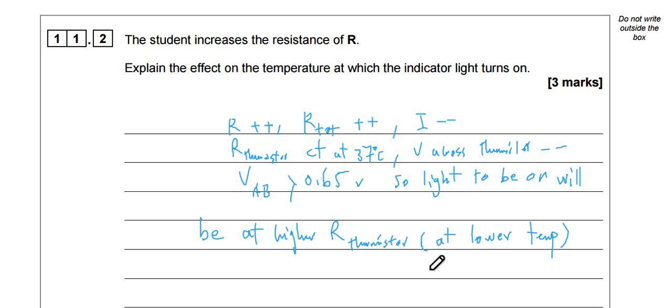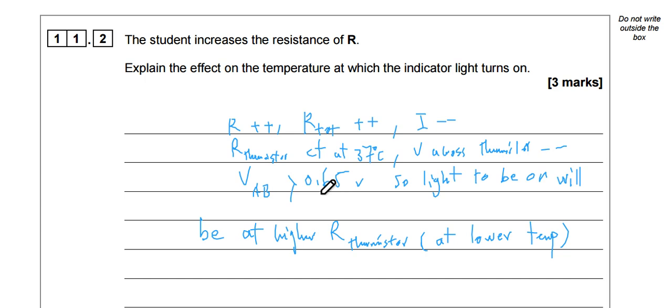Okay, so we need VAB to be 0.65 volt, not greater than this threshold value, because we consider this threshold value for the indicator light to be on, and we need this at 37 degrees Celsius.